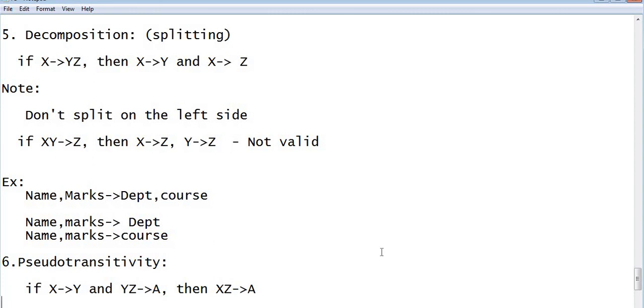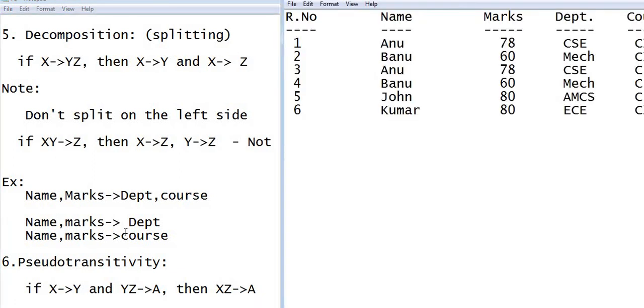Okay, so take the same example: name comma marks determines department comma course. Here X is not a single attribute; we are combining one attribute with one more attribute, called marks. So name comma marks is X and department comma course is YZ.